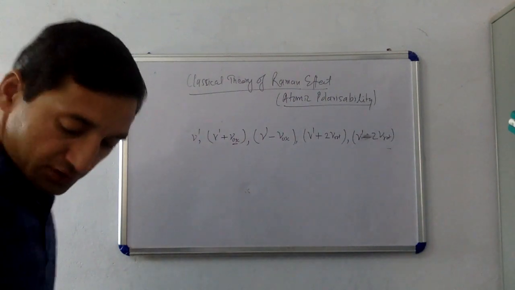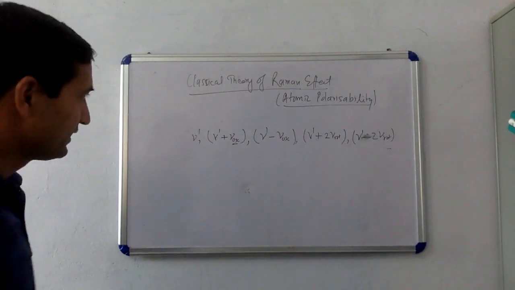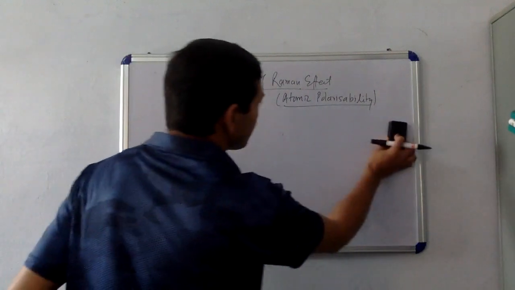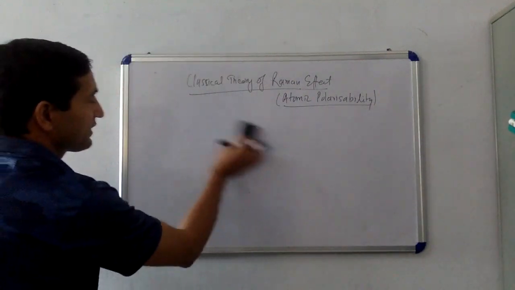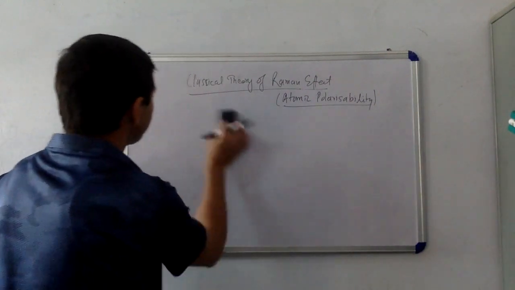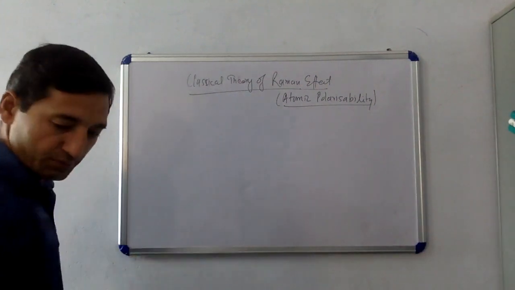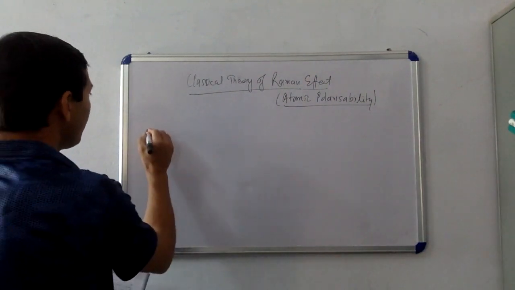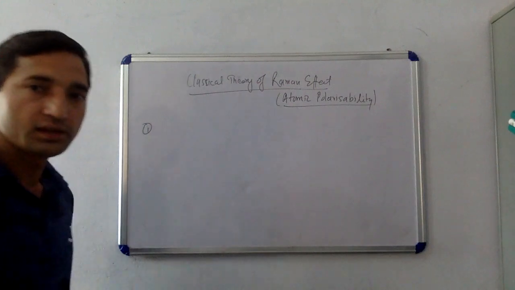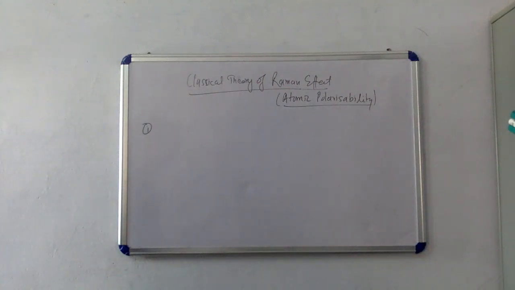So there are two disappointments from the classical theory. Now I am writing that these are the classical explanations. Number one, according to the classical theory, the Raman lines on the two sides of the Rayleigh line must have the same intensity.